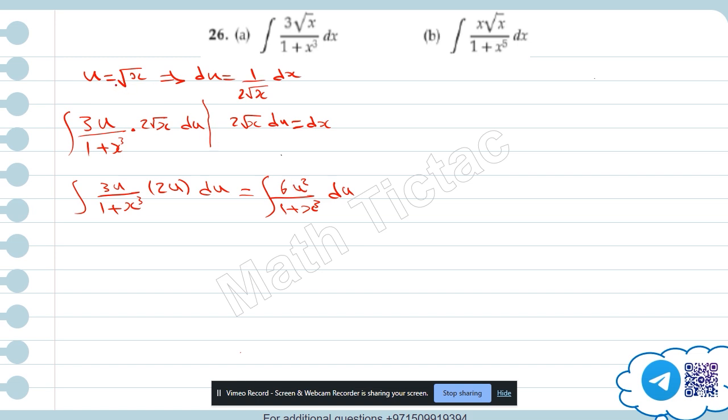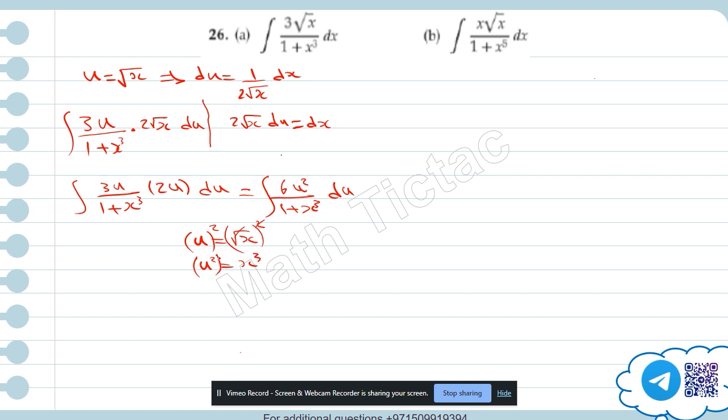Now what to do? How to substitute the x to the power 3? From our substitution, u is equal to square root of x, after squaring both sides and eliminating the square root, I have u squared equal to x.